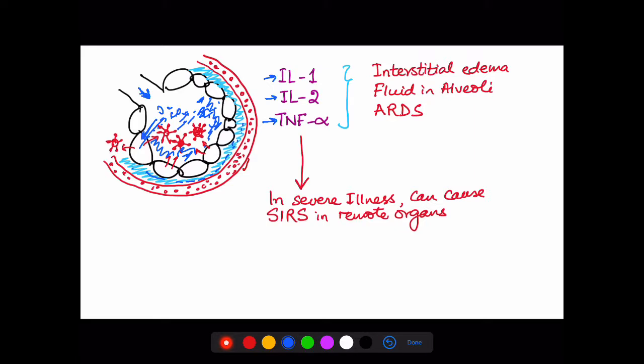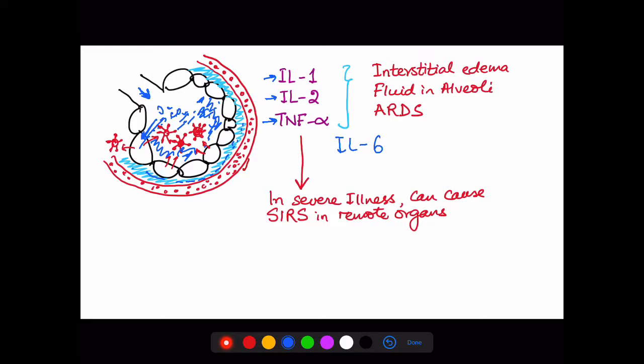Most of the time it is a localized inflammation, just confined to the lungs. But sometimes interleukin 1, interleukin 2, interleukin 6, and tumor necrosis factor can also incite an inflammatory cascade away from the lungs.